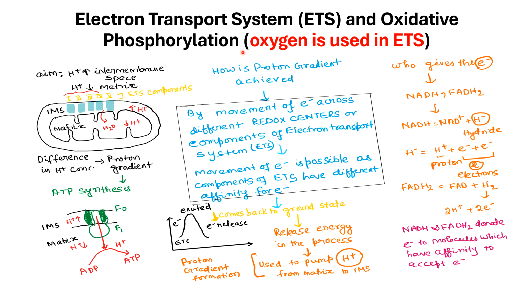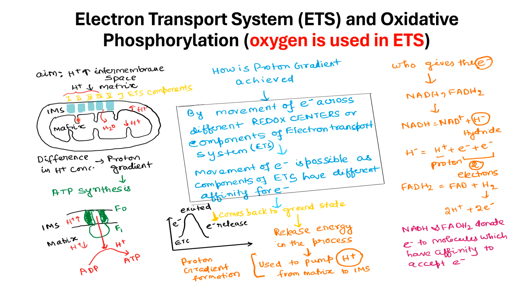Now, the next concept which you need to understand is, how is this proton gradient achieved? This proton gradient is achieved from the movement of electrons across the different redox centers. So what are the different redox centers?